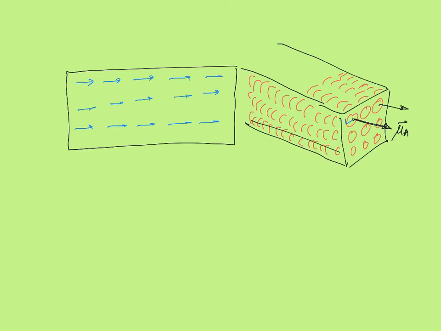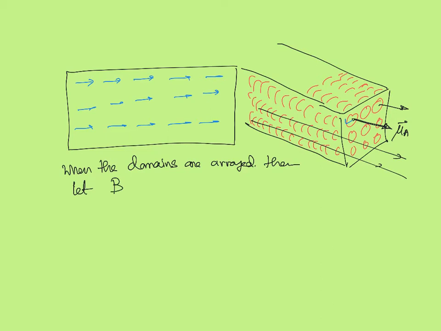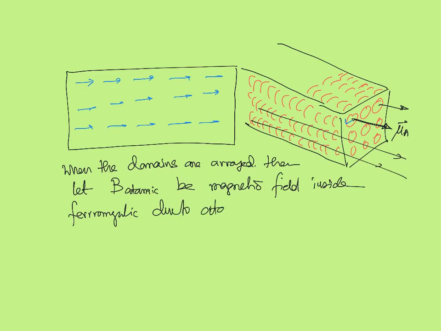Now, when the atoms are arranged, or when the domains are arranged, let B atomic be the magnetic field inside the ferromagnet due to atomic magnets.